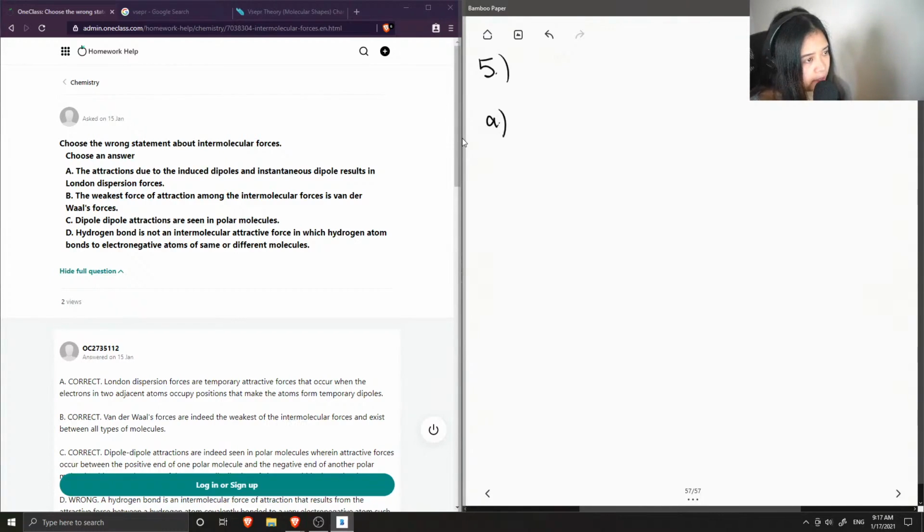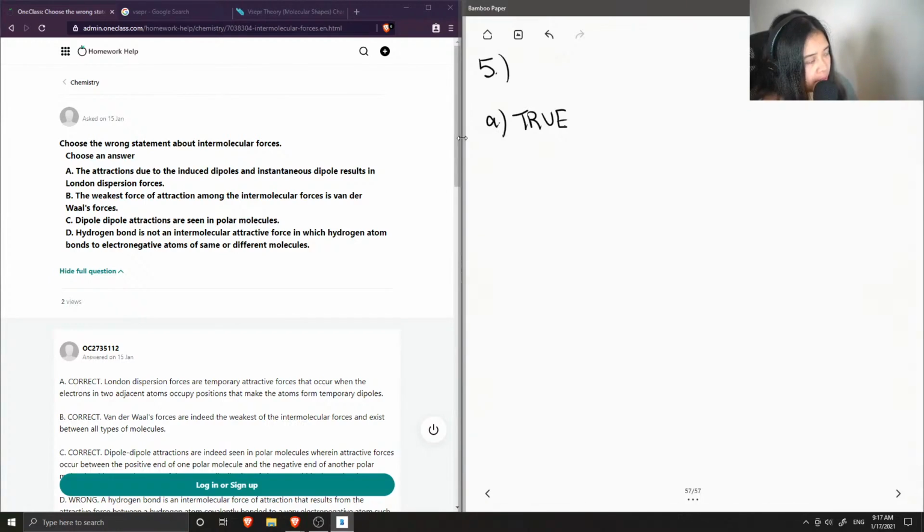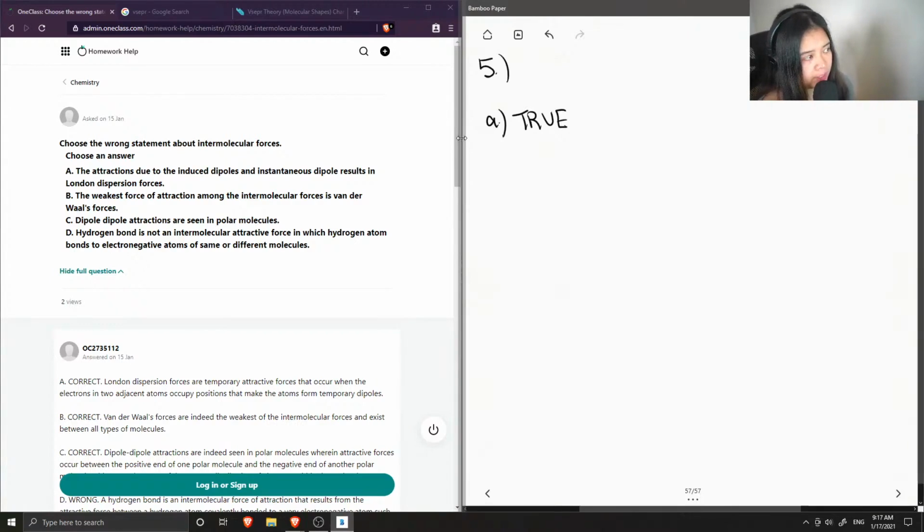Okay, so A is actually correct. So London dispersion forces are caused because of this temporary attraction when the dipoles are induced, and it actually takes place in all molecules. So let's look at B.